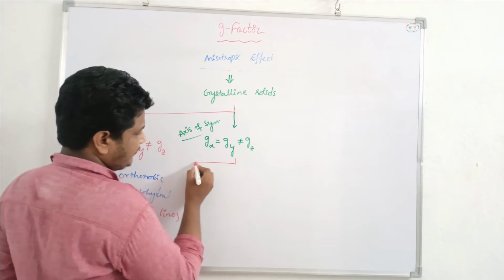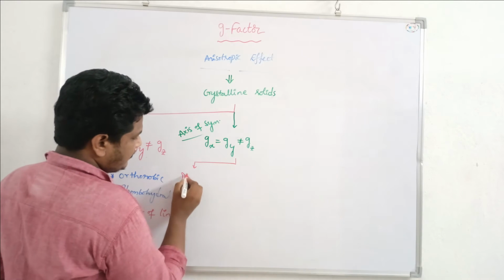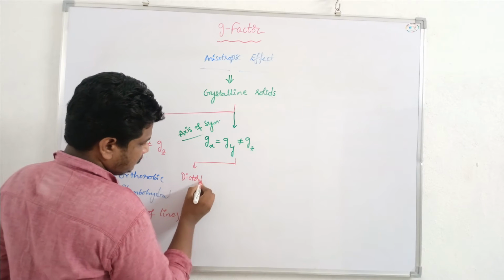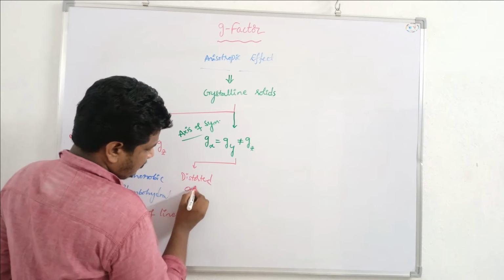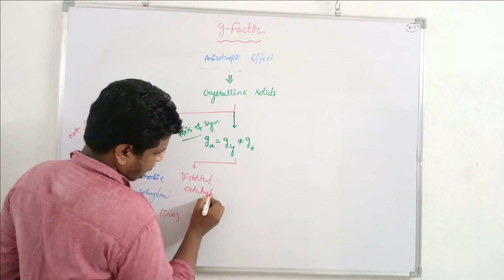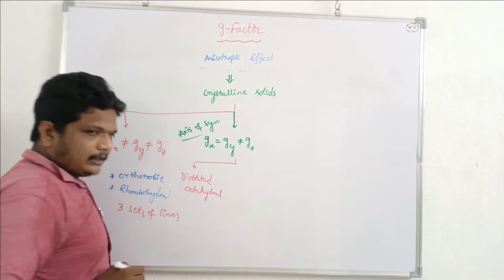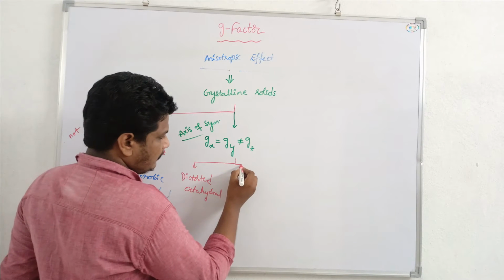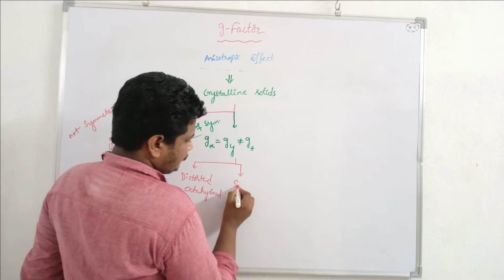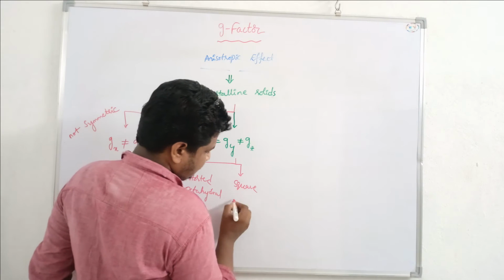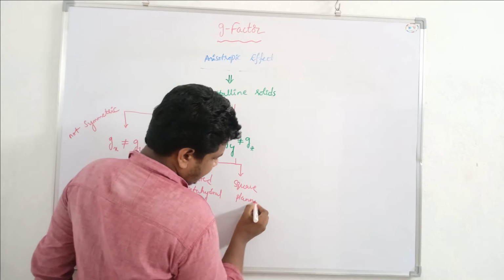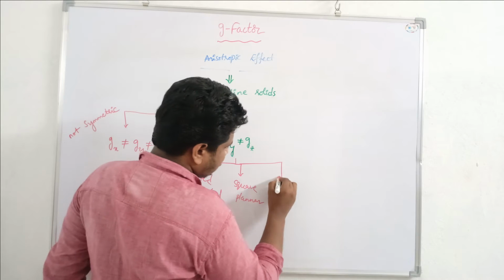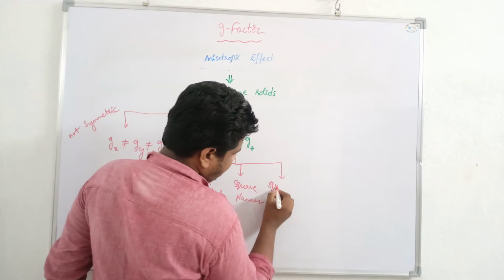These are distorted octahedral, square planar, and square pyramidal.